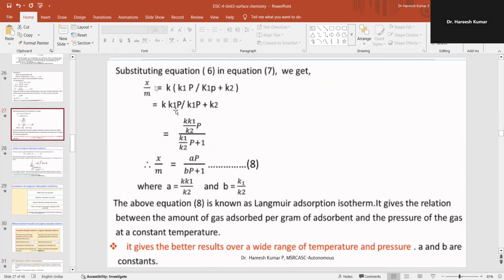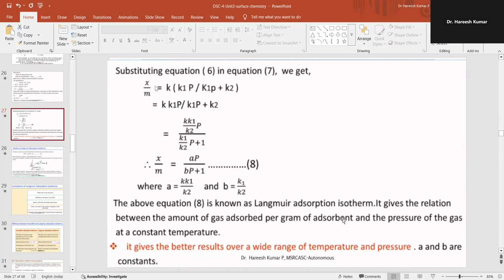On further simplification, this is k into (K1 upon K2) into P, upon (K1 upon K2) into P plus 1. Therefore, x upon m is equal to aP upon (bP plus 1). This is equation number 8. Here a is k into K1 upon K2, and b is K1 upon K2. The above equation 8 is known as the Langmuir adsorption isotherm.